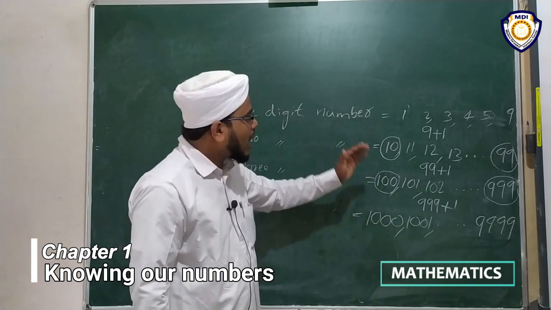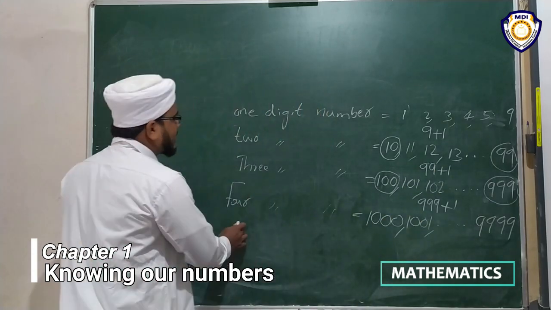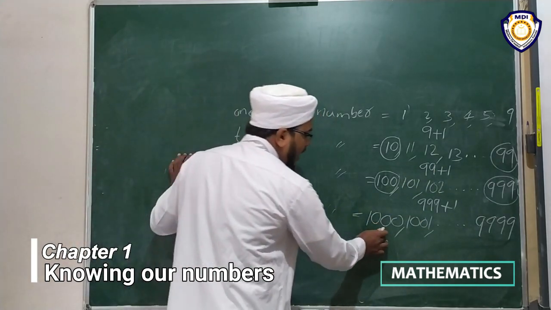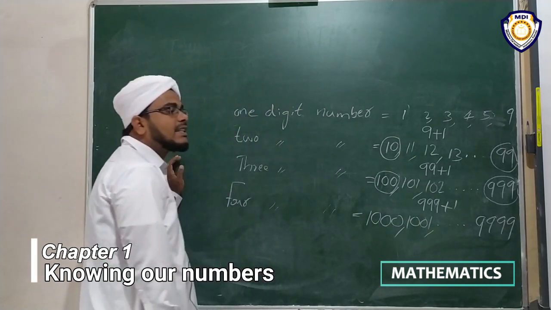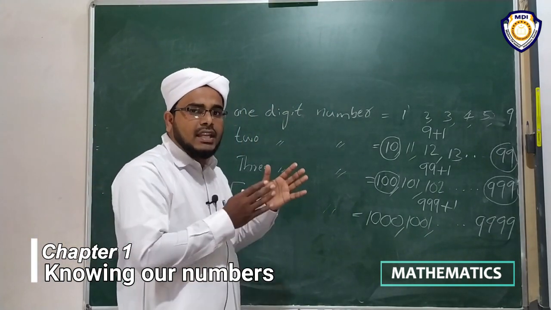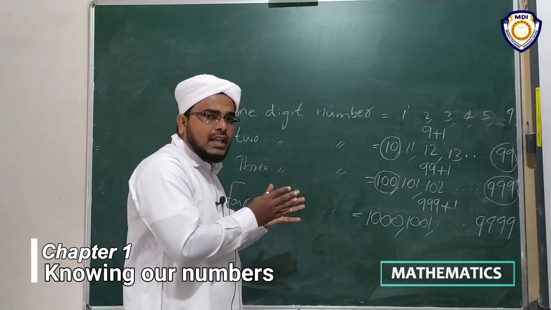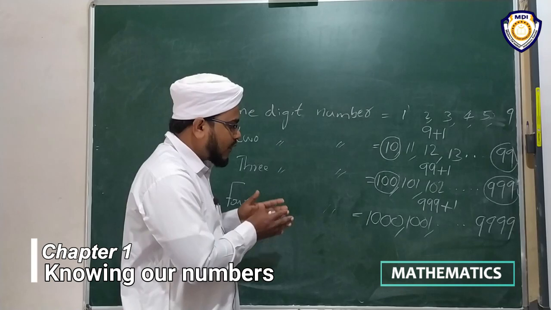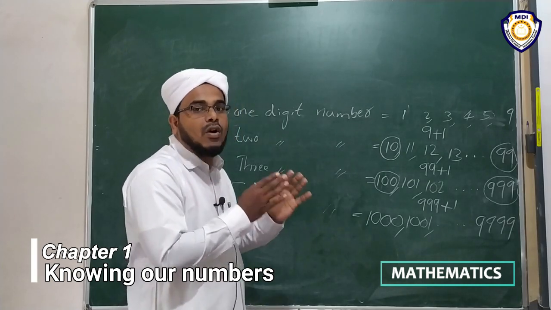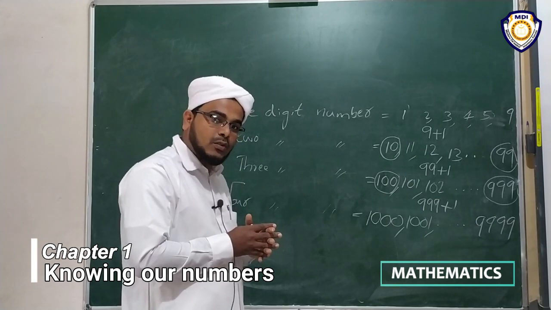Likewise, we can find every digit's numbers by adding 1 to the largest number. When we add 1 to the largest number using any number of digits, we can find the next smallest number with one more digit.